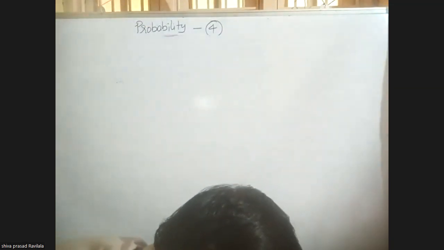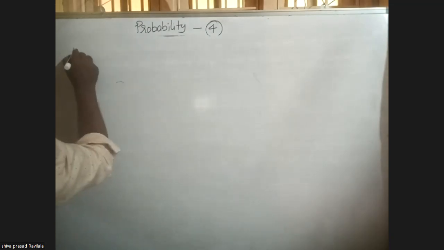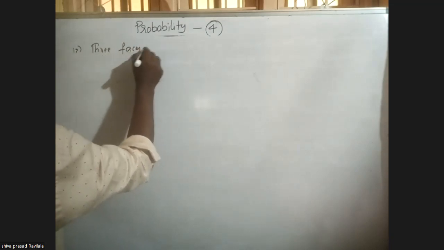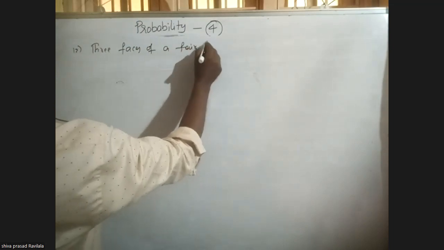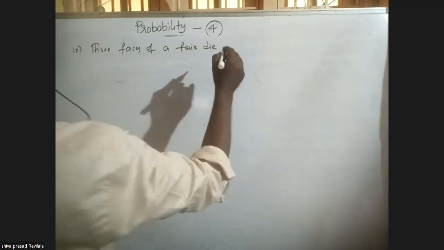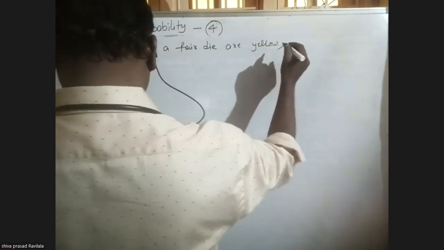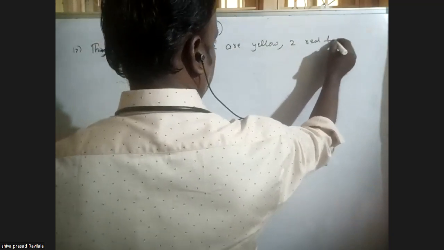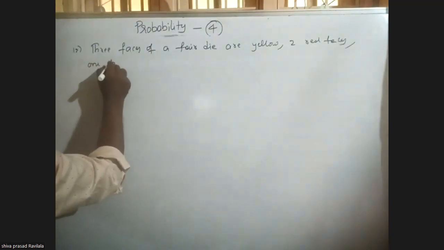Next one. 3 faces of a fair die are yellow, 2 faces are red and 1 is blue. The die contains 3 yellow faces, 2 red faces and 1 blue face.